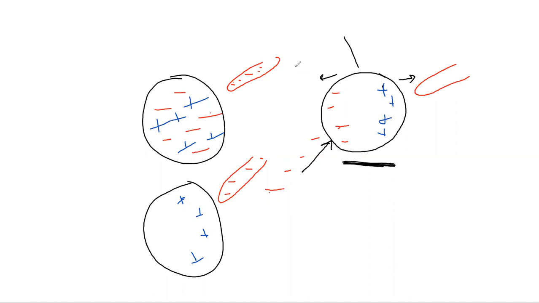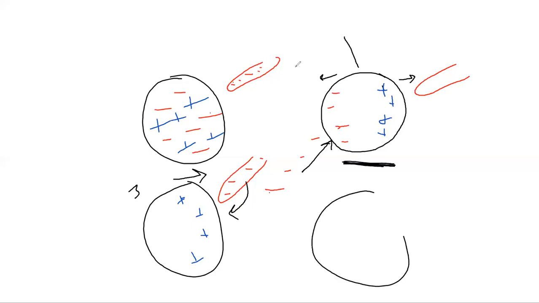But now that all the negatives are gone, back in this third picture here, that sphere is going to actually move closer to the rod and actually touch it. Okay. And what happens is a lot of these negatives that were in the rod are actually going to flow into the ball, the sphere, right?